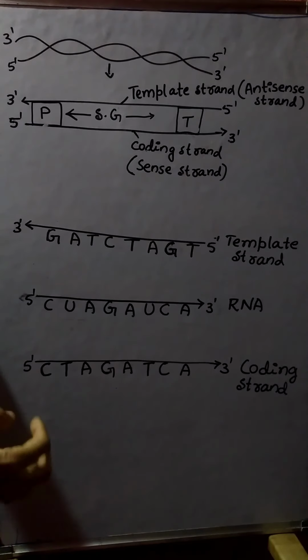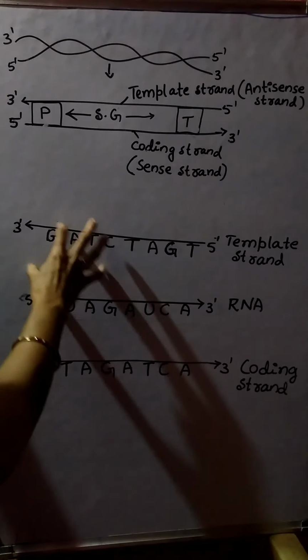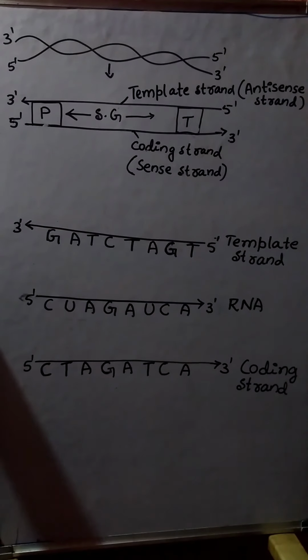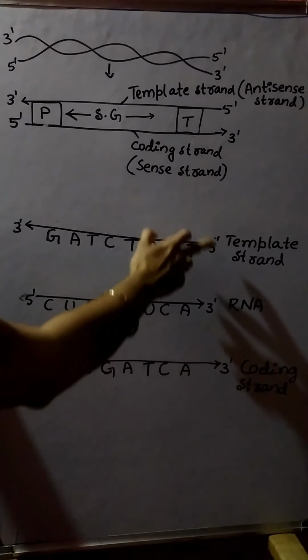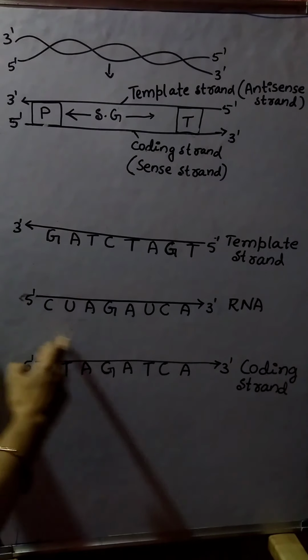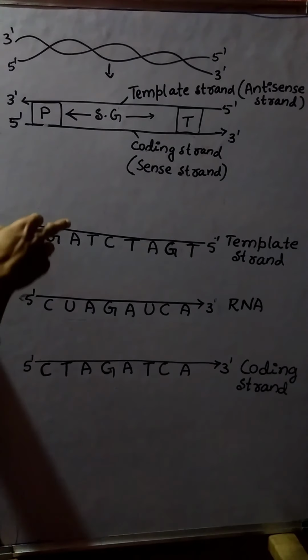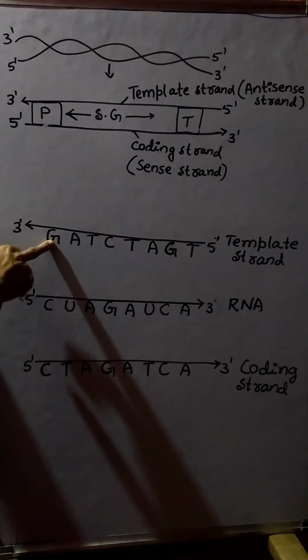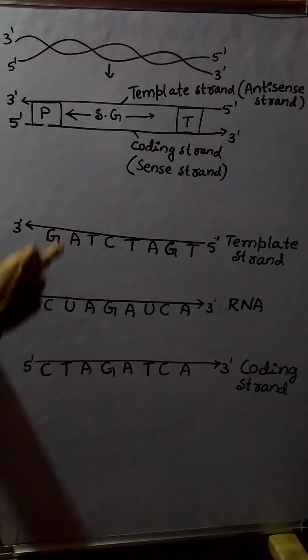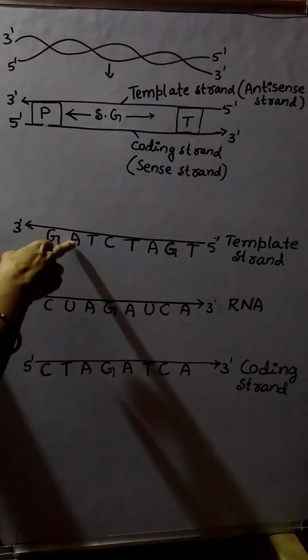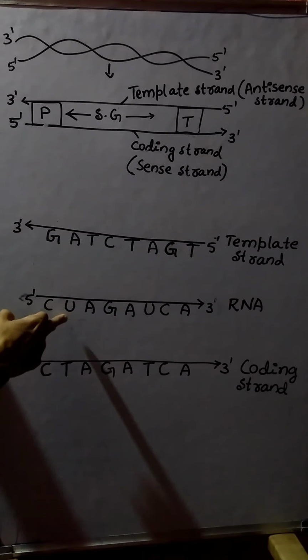Then, by seeing the base sequence of template strand, we can write the base sequence of RNA. Say, guanine pairs with cytosine. Adenine pairs with uracil.